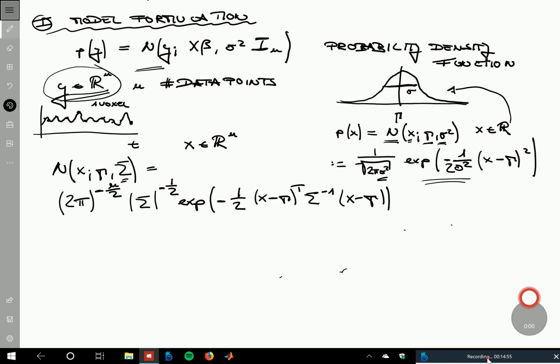So if you are okay with vectors and matrices, it's relatively straightforward to see that these two things are fairly similar in terms of what they do. There's a whole chapter in PMFN only on these multivariate Gaussian distributions, so have a look at that. How you should imagine that is as follows.